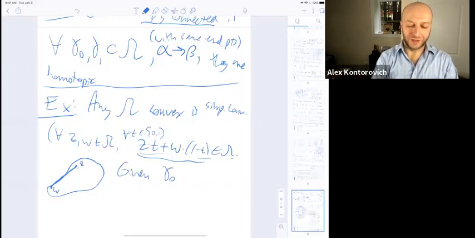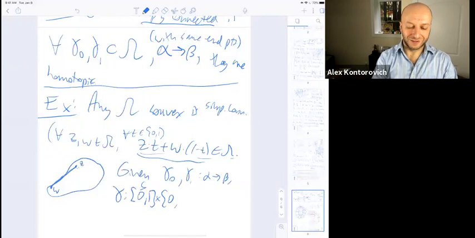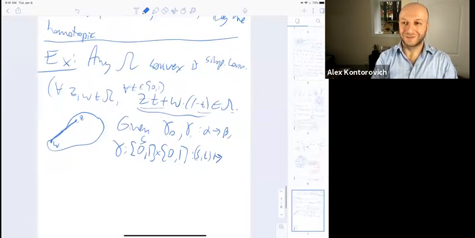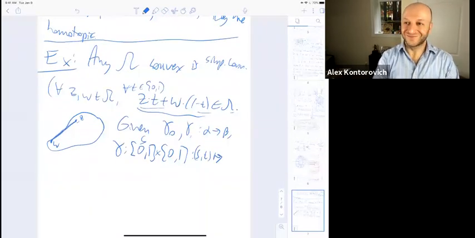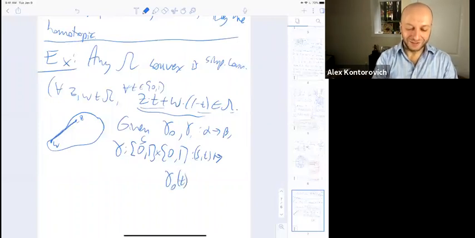So given a curve gamma 0 and gamma 1 with the same endpoints from alpha to beta, what is my parametrization of s cross t? Well, you can just linearly interpolate pointwise. Exactly, linearly interpolate. You take gamma 0 of t times (1 minus s), plus s times gamma 1 of t.